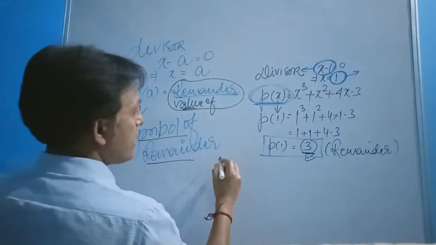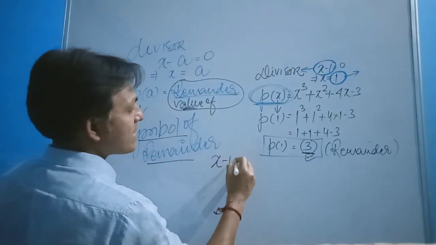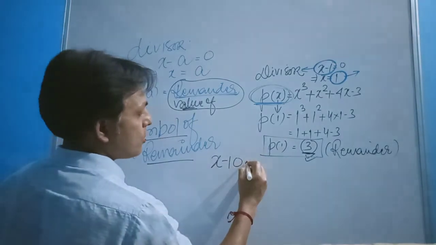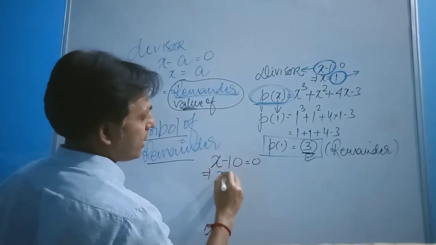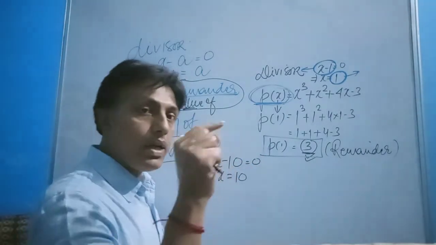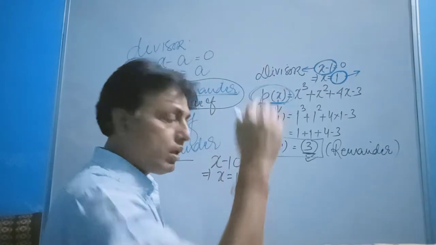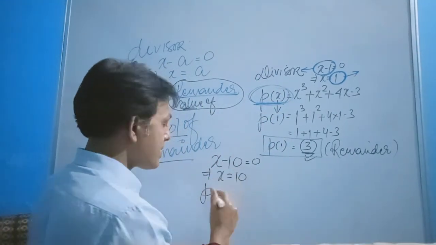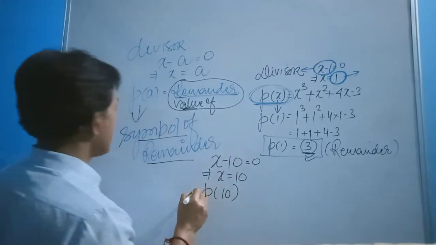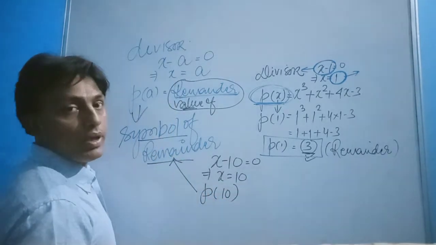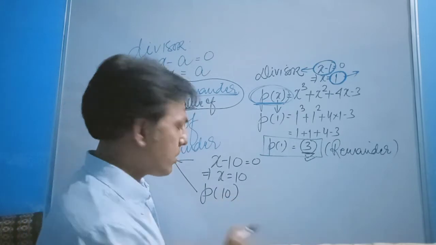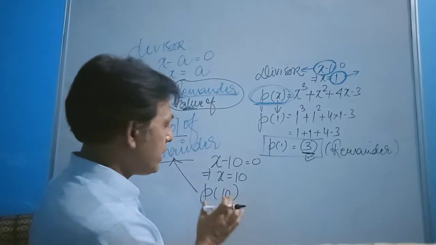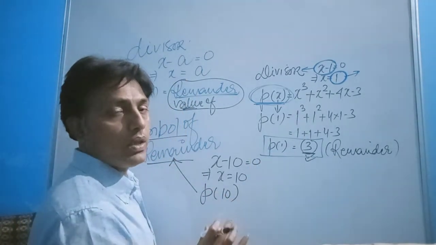So dividing by x minus 10, the value of x will be 10. Take p from the polynomial, 10 the value of x. This becomes the symbol of the remainder. Value I don't know because that can be calculated. But here the important part is the symbol of the remainder.